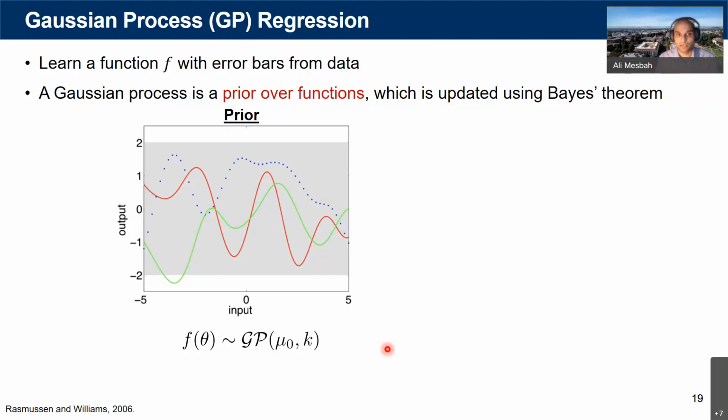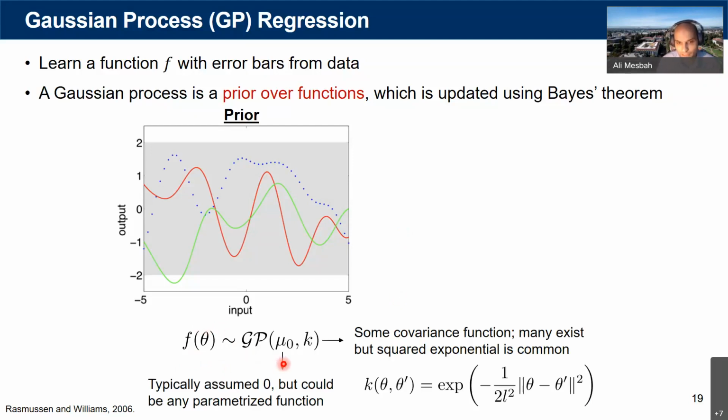So really, a Gaussian process is a prior over functions, right? Meaning that we represent our prior knowledge of a function as a Gaussian process, and this Gaussian process is characterized in terms of some mean and some covariance.